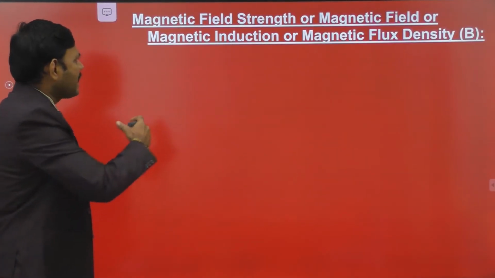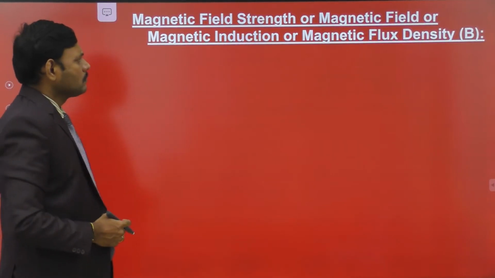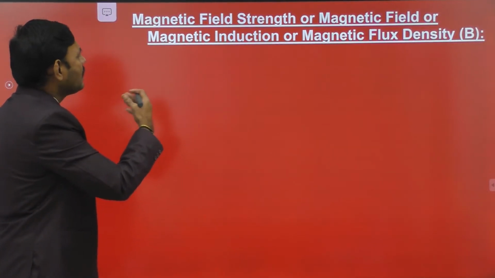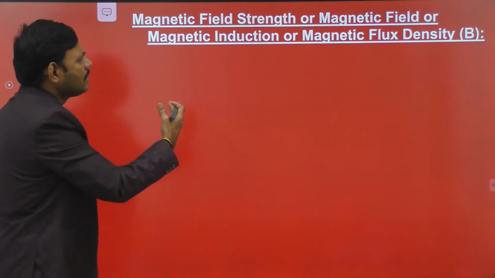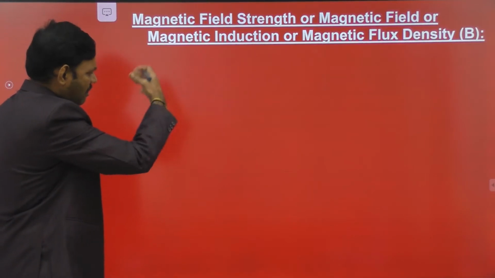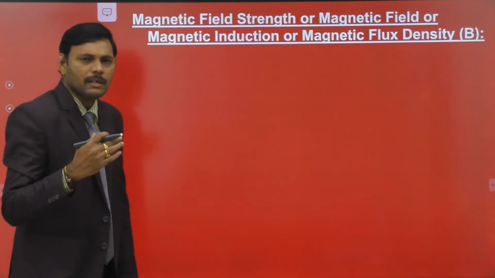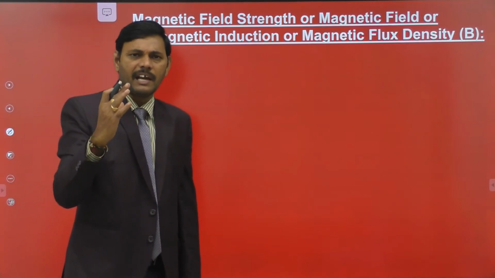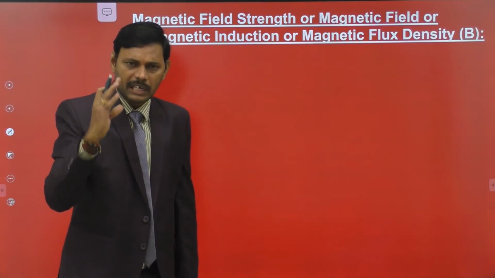So let us move on to the next definition, that is magnetic field strength, or magnetic field, or magnetic field induction, or magnetic flux density. All are the same, denoted by B. Students, we have a clear idea about magnetic field induction.